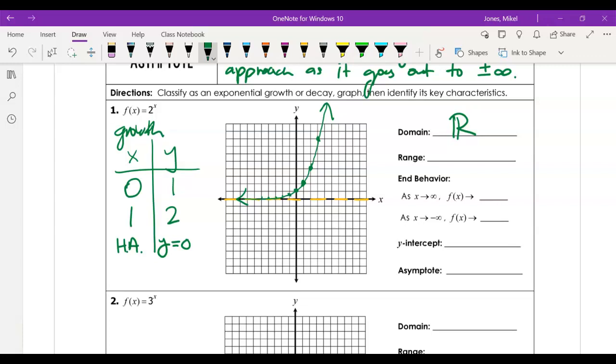So what kind of y values do we get with this graph? Only positive numbers: y values that are greater than 0. If you remember, we had a set notation way of writing it.